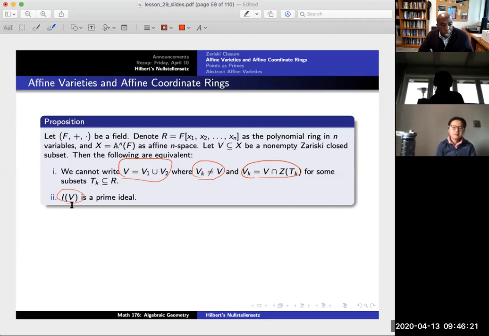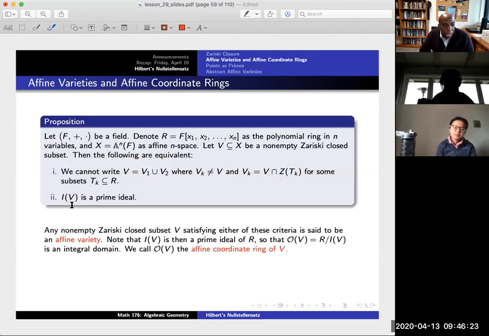So let's use this to write down a couple of definitions. Any non-empty Zariski closed subset satisfying either of these two is said to be an affine variety. You can use either one of these as the definition of an affine variety. In fact, notice that IV is a prime ideal if and only if this quotient here is an integral domain.